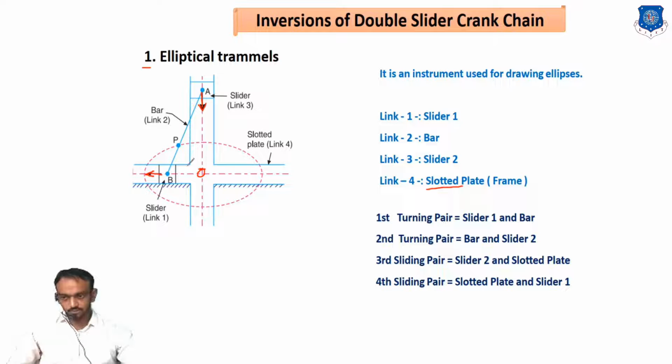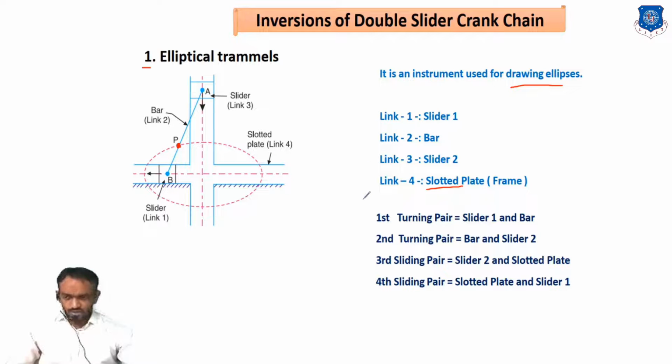When slider 2 comes below the horizontal line, the bar returns and goes in this direction. During this whole motion, any point P on this bar will follow an elliptical path, and that motion gives us the drawing of an ellipse.